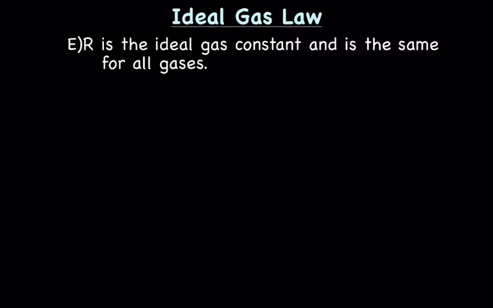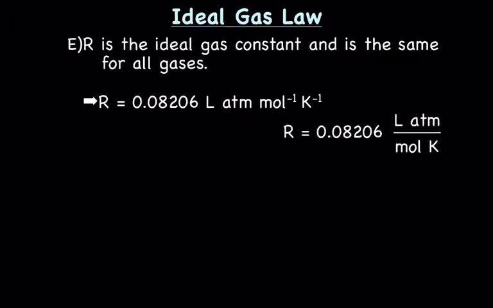Now let's talk about R. R is the ideal gas constant, and it is the same for all gases. So what is the number for R? Well, R can be 0.08206 liters atm, mole to the negative 1, K to the negative 1. And what that means is this.